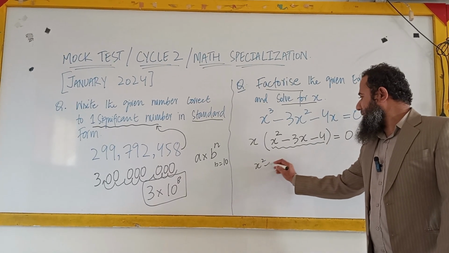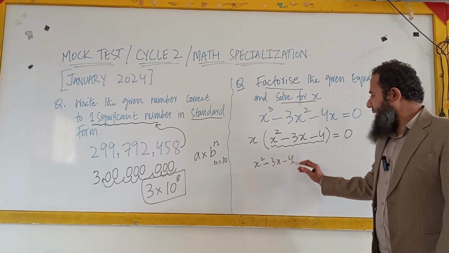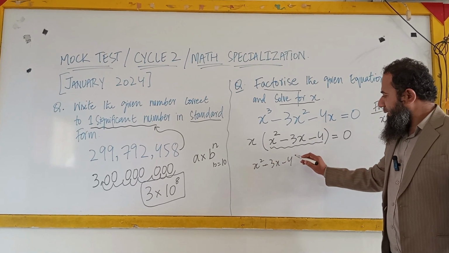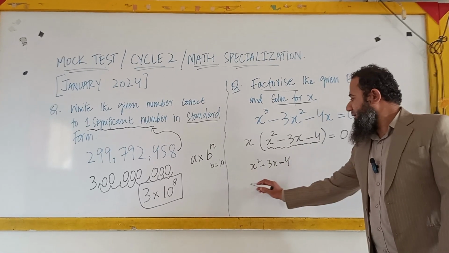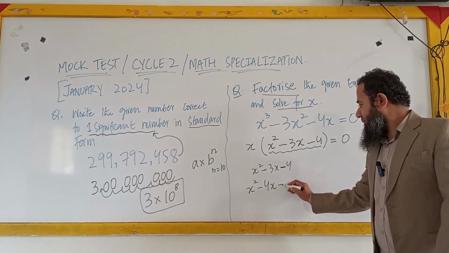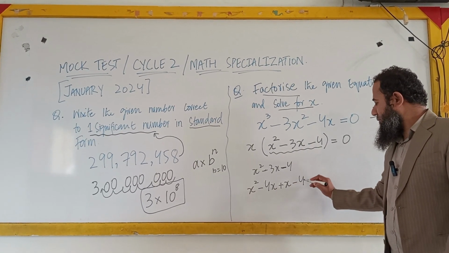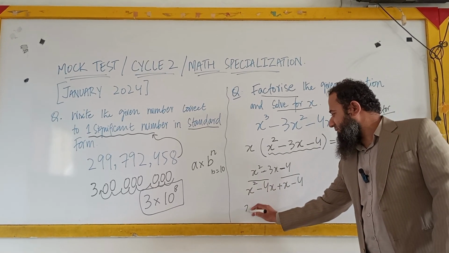So x square minus 3x minus 4. First of all we need to find all the factors of 4, and then subtract them to get minus 3. So this is x square minus 4x plus x minus 4, and then we make pairs to take out the common factors.